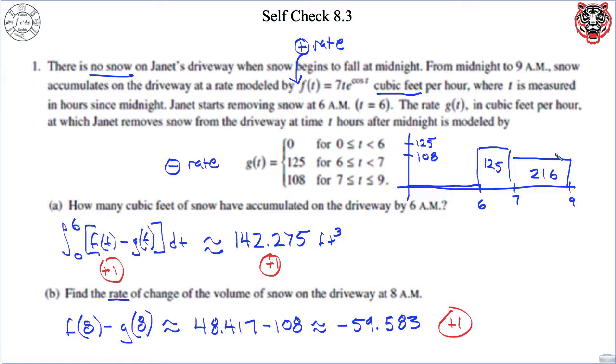If the integral was from 0 to 9 and it was 108 the whole time, that's what you'd do. But since it's only from 7 to 9, your graph would have looked like this, Kaylin, which is very different from this graph. So I graphed 0 between 0 and 6, and then I graphed 125, a straight line from 6 to 7. I graphed 108 between 7 and 9, and then I found the area underneath.